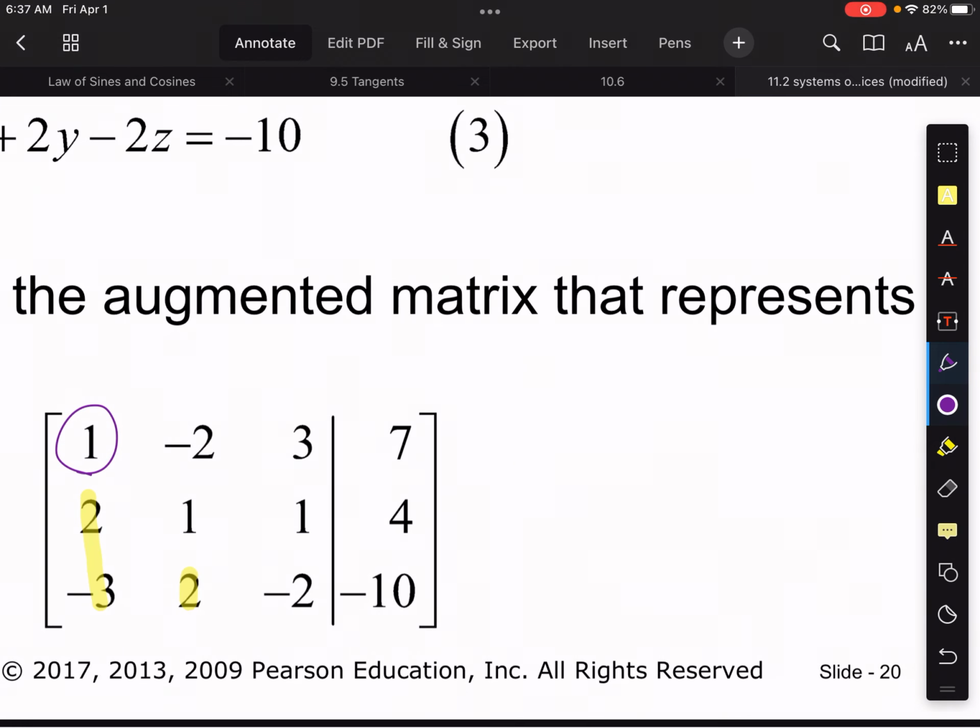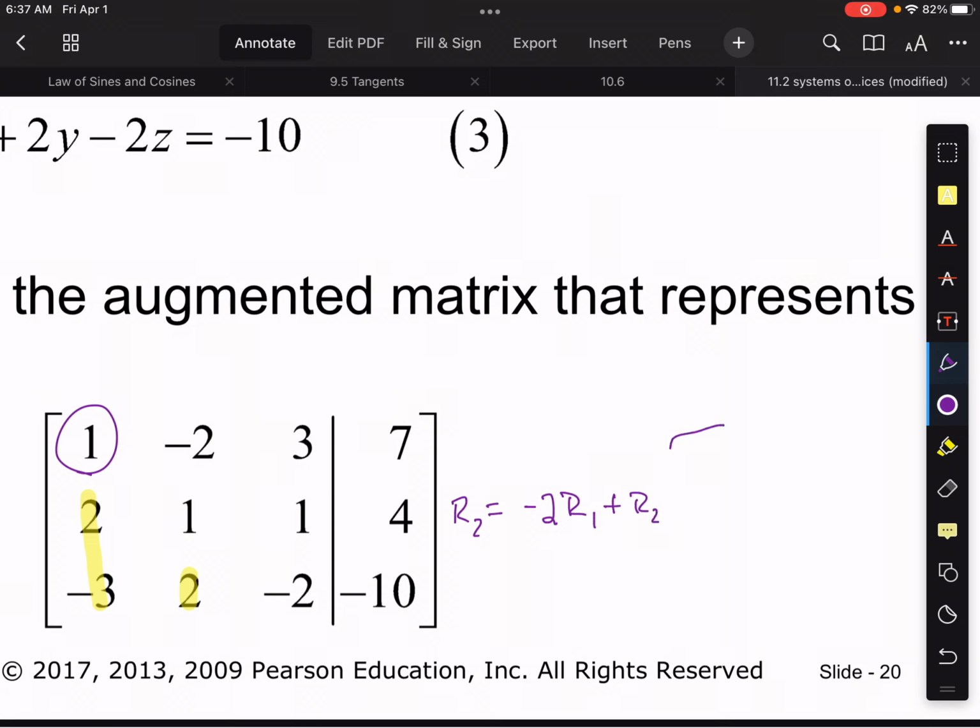I like to write out what I'm doing in order to make that happen. One easy thing I could do here is say, okay, I want my new row 2 to equal negative 2 times row 1 plus row 2.